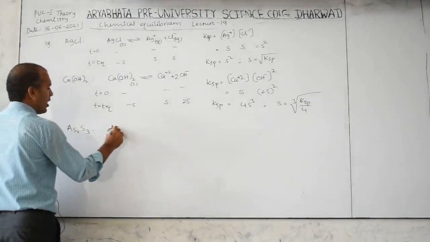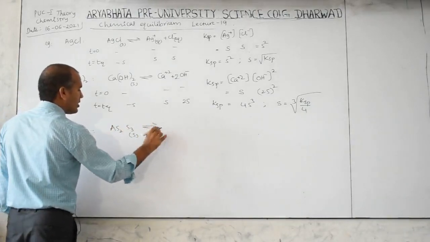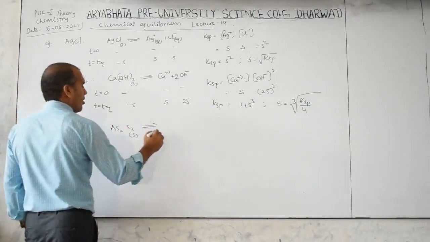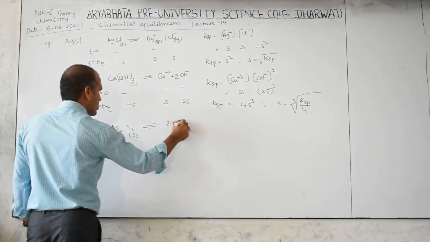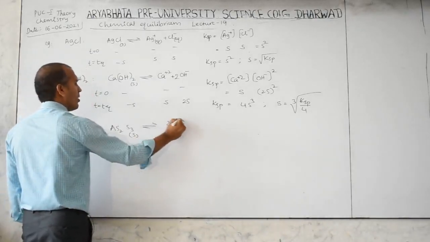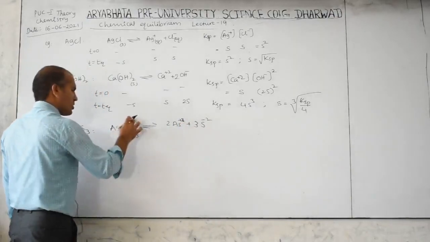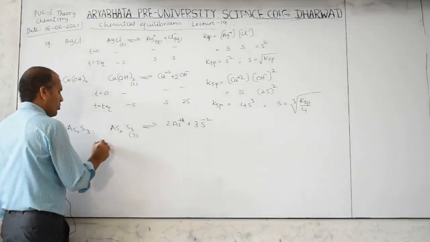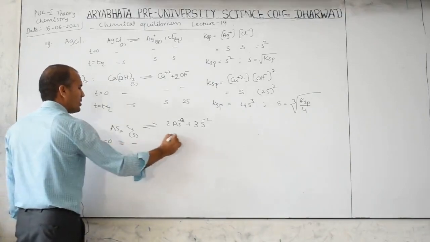This can be As2S3 in solid form, and this will be ionized into 2As plus 3, not plus 2, plus 3, because of cross multiplying, and 3S minus 2, because of cross multiplying. At t equal to 0 time, this will be dash dash dash.